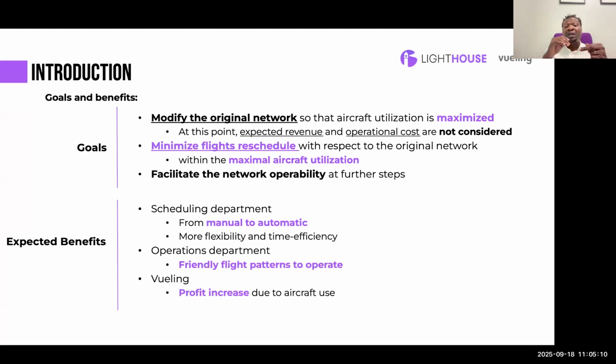At this point, expected revenue and operational costs are not considered in this model, but they are totally related. While we are maximizing aircraft utilization, we also minimize flight rescheduling. This is very important, and we will see it in the tactical part.